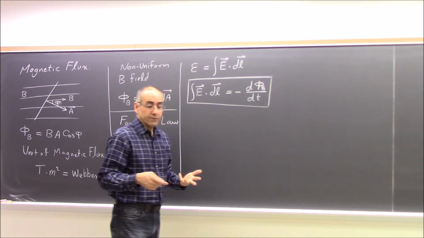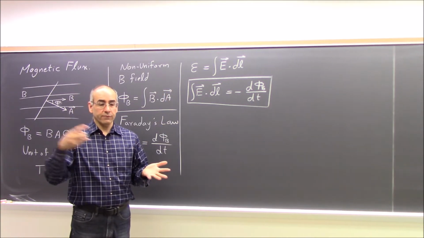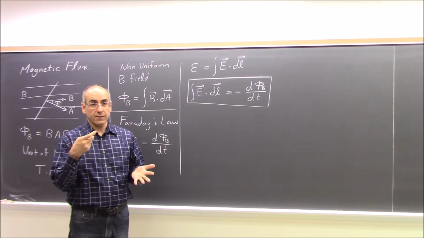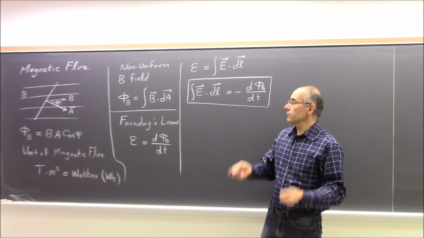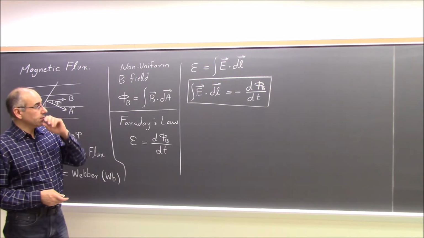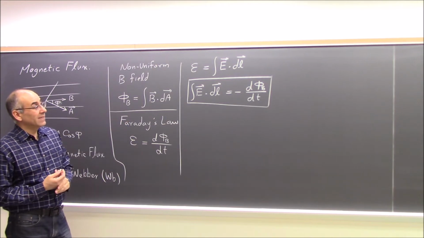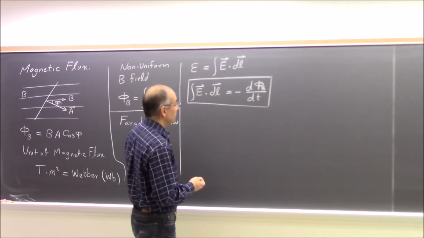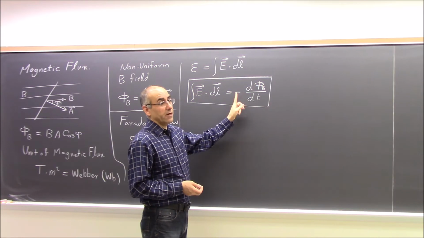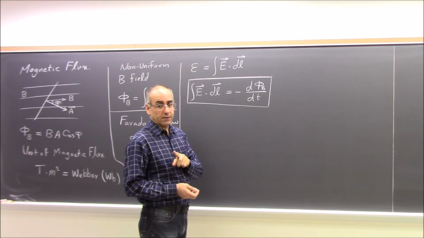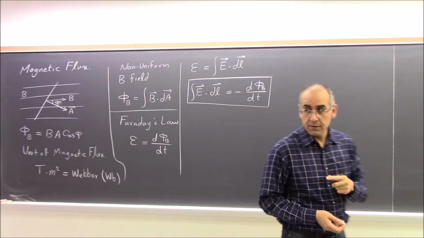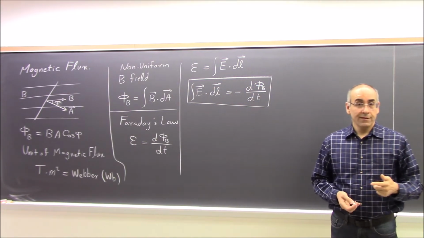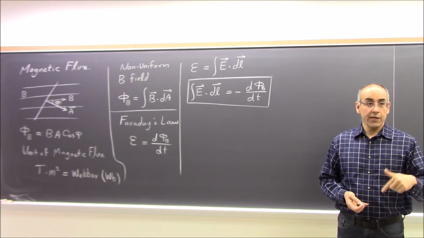You can have nothing moving, but the magnetic field changing inside the coil that changes the flux, or you change the coil. All right, so this is basically Faraday's law. And then Lenz's law says that the current that is created in the coil is in a direction whose magnetic field opposes the change in the original flux.